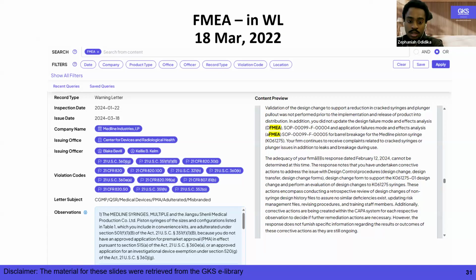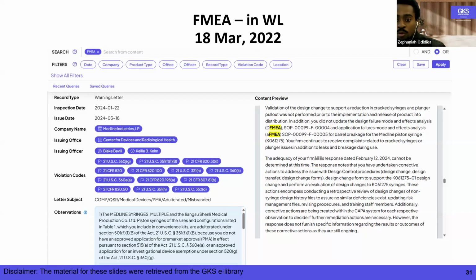The FDA flagged this as a major oversight, underscoring that FMEA is not a one and done exercise. Every design and process change must trigger an FMEA review and update, not only to maintain compliance, but also to proactively identify and mitigate risk. Failing to do so allows critical hazards to go unaddressed and invites regulatory actions.